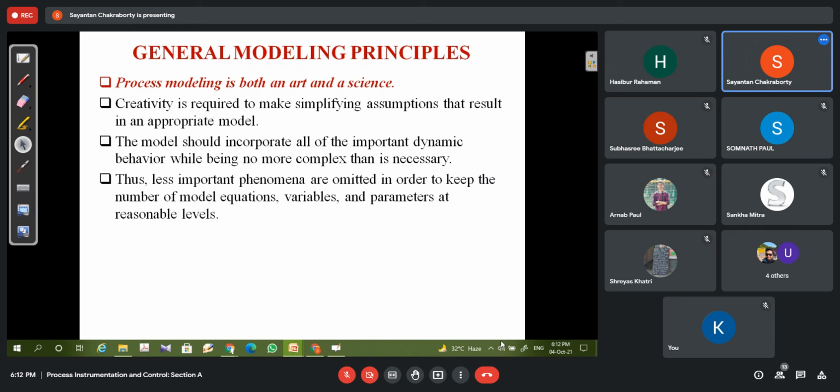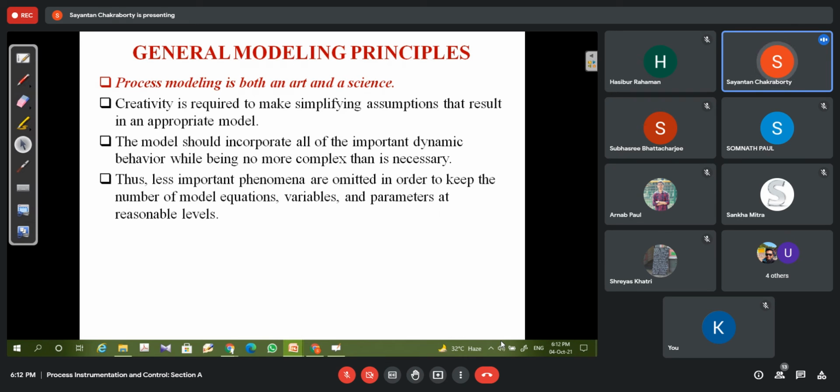Therefore, less important phenomena may be omitted. That will make the number of model equations less, the model variables fewer, and the number of parameters reasonable. So the overall computational burden will be less.